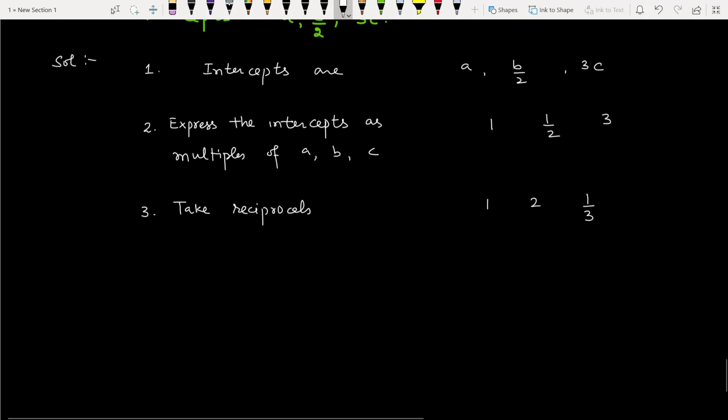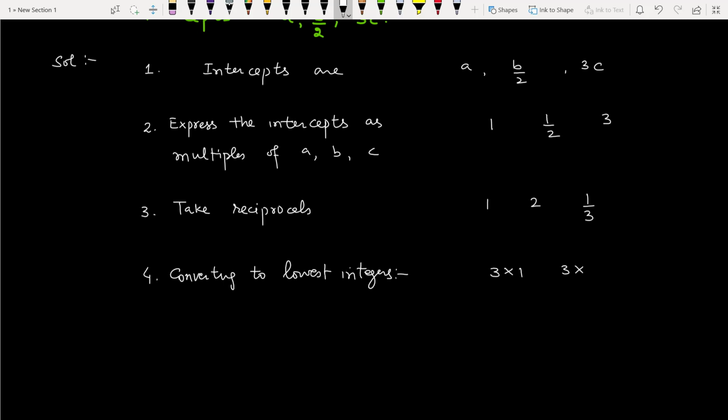Convert them into integers. Converting to lowest integers. So for that we will multiply each by 3. So it will be 3, 6, 1.